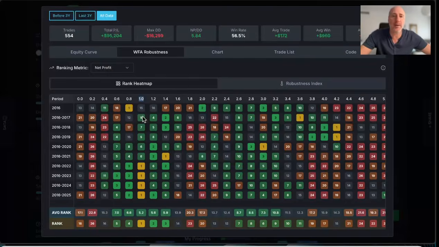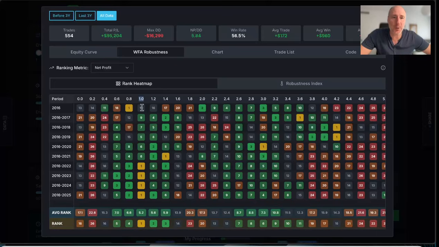forward testing, and then for each, like year 1 to 2, 1 to 3, 1 up to 4, 1 up to 5, 1 up to 6, 1 up to 7, 1 up to 8, and 1 up to 9, we do the same ranking we did.